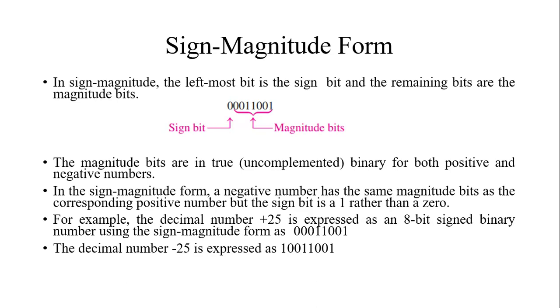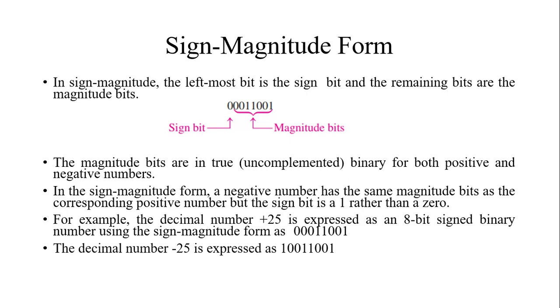Signed magnitude form. In signed magnitude, the leftmost bit is the sign bit and the remaining bits are the magnitude bits. For example, this is the sign bit and these are the magnitude bits. If the sign bit is 0, it is a positive number.